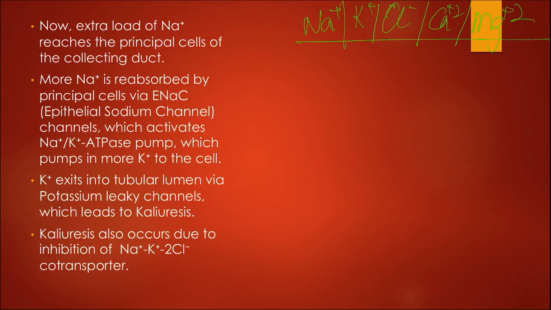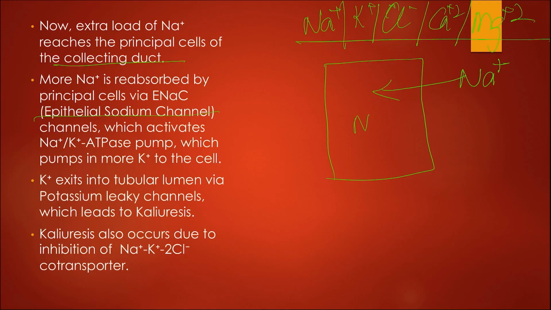As this fluid now moves forward, it reaches the last part of the nephron, that is the collecting duct or the late distal convoluted tubule. So the principal cells, as they see more than normal levels of sodium, start reabsorbing sodium via the epithelial sodium channels.